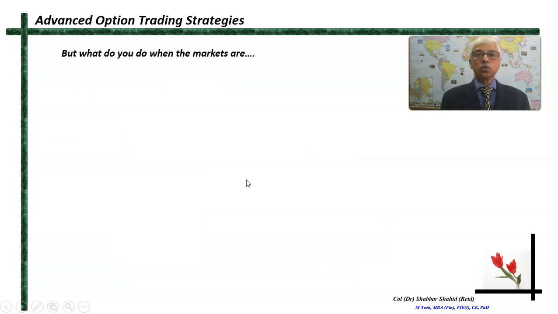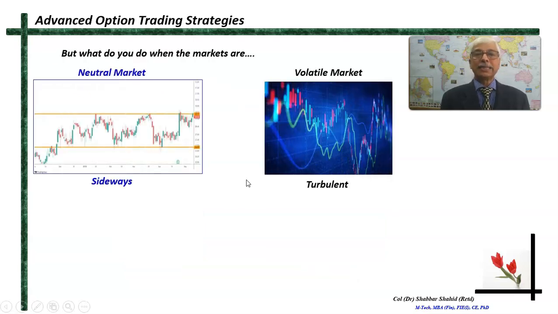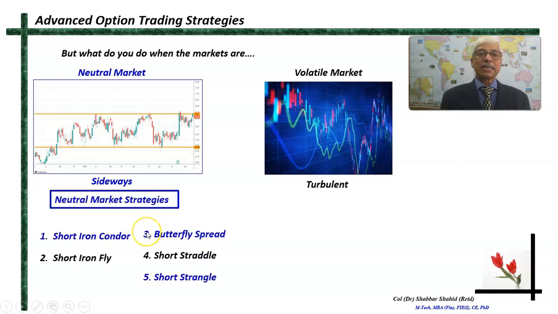But then what do you do when the markets are either moving sideways, they are neutral, or they are very volatile? What do you do under such conditions? If the markets are neutral, then you may have to adopt some neutral market strategies like iron condor, also called a short iron condor, or maybe a short iron fly, also called an iron butterfly, or you may have to adopt a butterfly spread strategy.